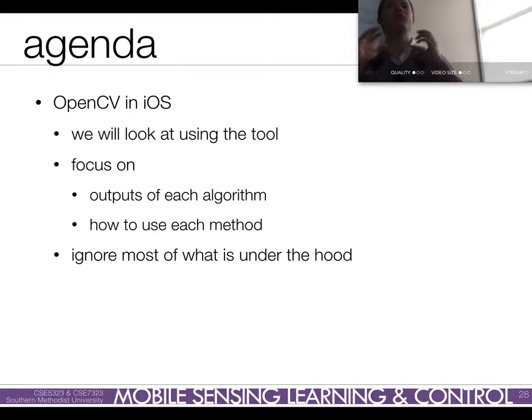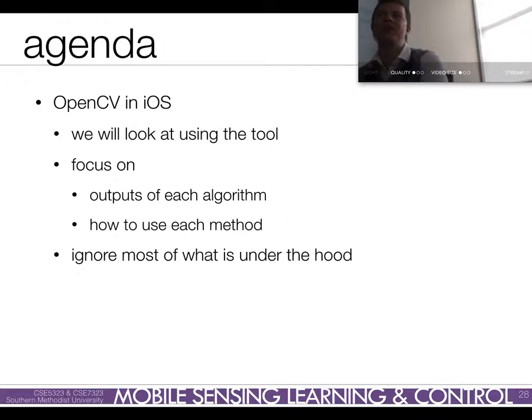We're going to look at using OpenCV as a tool, and I'm going to focus on what the outputs of each of these different algorithms are. We're also going to focus on the implementation, how to use OpenCV properly in this framework. We're going to ignore most of what's going on under the hood, except to give you an intuition about what the algorithm is.